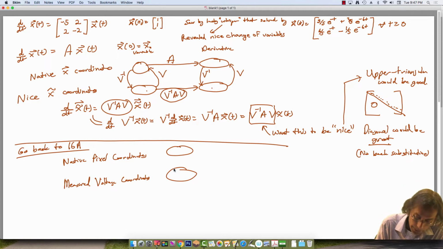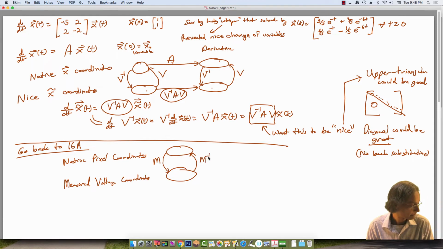Well, the measurement mask, M, connected the native pixel coordinates to the measured voltage coordinates. What do I mean by that? I mean that it was the rows of M that told you how that particular measurement related to the original pixels in the image. And similarly, you could use M inverse to go back.